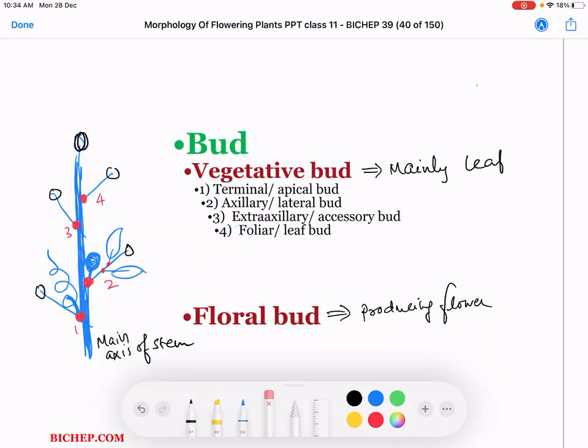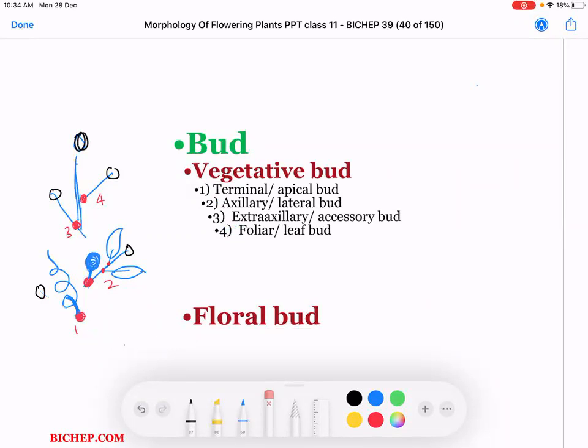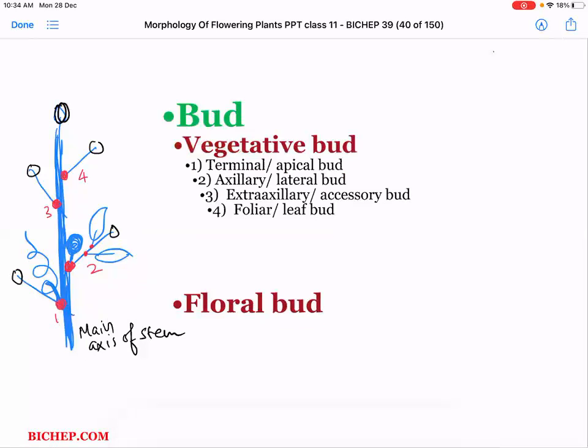So these are the four types of vegetative bud and a special type of bud which produces the flower, the floral bud. Please take the screenshot of the slide first.